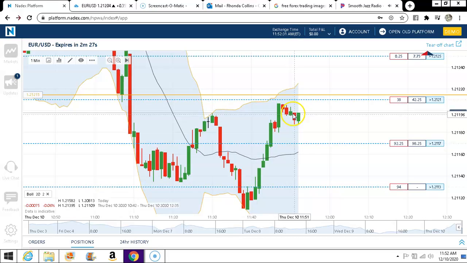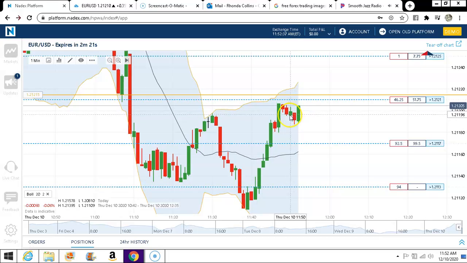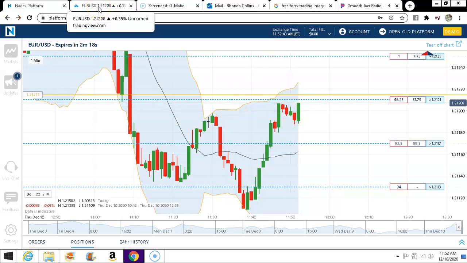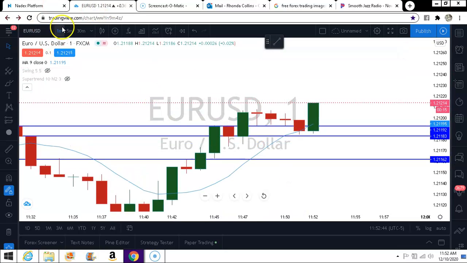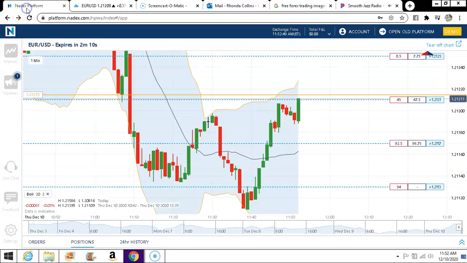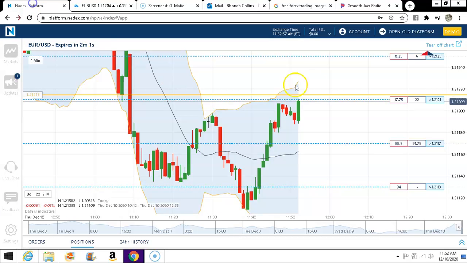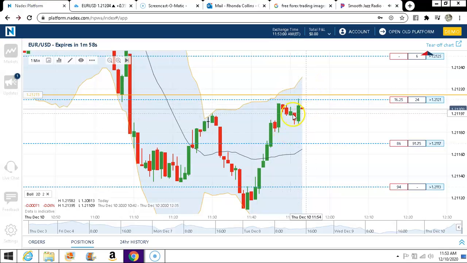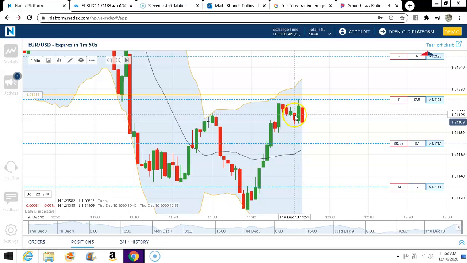I really don't like using the Nadex chart because sometimes their candles are totally different and do not show accuracy like this one would. So I'm on the minute chart here, Euro USD, and on the Nadex platform, Euro USD chart, and here you can see clearly a difference in the candlesticks.